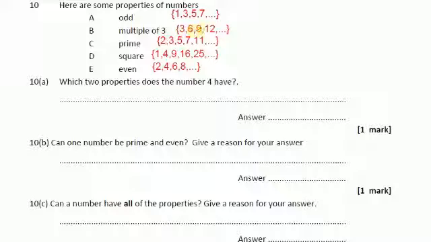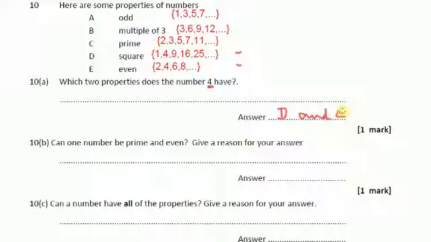Prime numbers, which have no other factors: 2, 3, 5, 7, 11. Square, 1 times 1, 2 times 2, 3 times 3, 4 times 4 and so on. Even, 2, 4, 6, 8, 10 and so on. Which 2 properties does the number 4 have? Where does 4 belong? It's in D and E. Okay, square and even, so it's D and E.